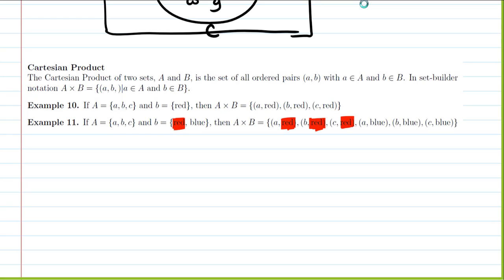So if I do this, I am pairing every element of this set, a, b, c, with every element of the other set. Similarly, if I do this, I'm going to pair every element from my first set, a, b, c, but now they have to pair with the second coordinate of the other set.